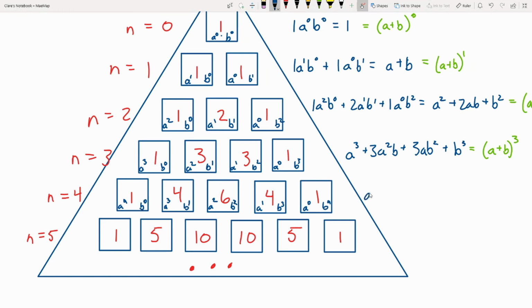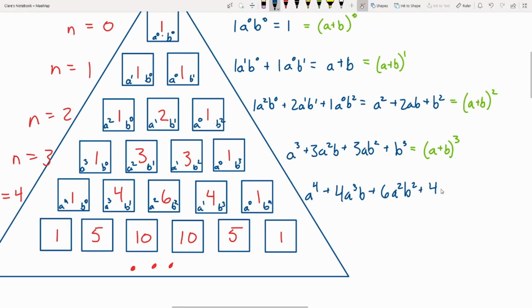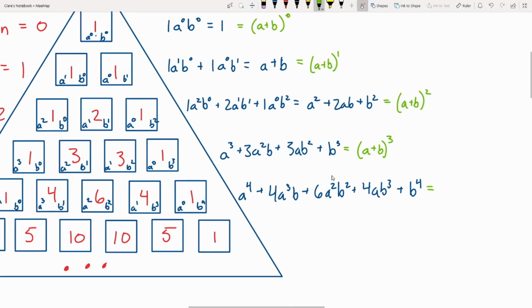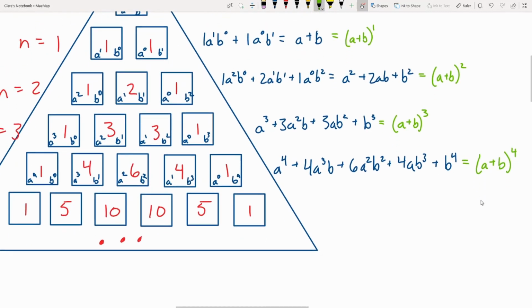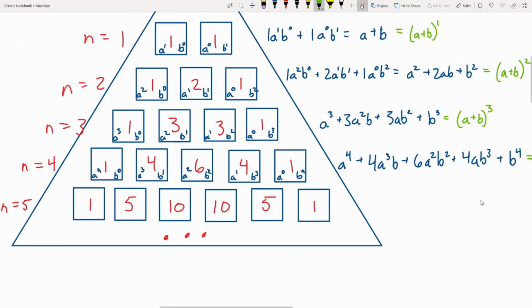So this is going to be a to the fourth plus 4a cubed b plus 6a squared b squared plus 4ab cubed plus b to the fourth. And again, that's when we expand out our binomial, a plus b to the power of 4, or to the 4th degree.